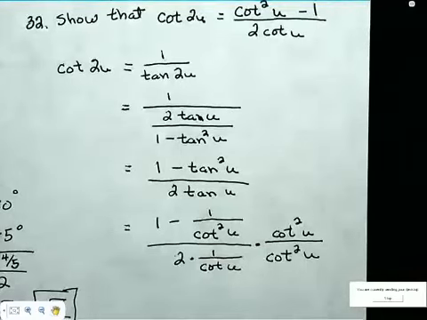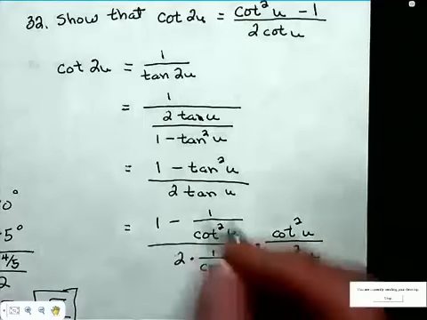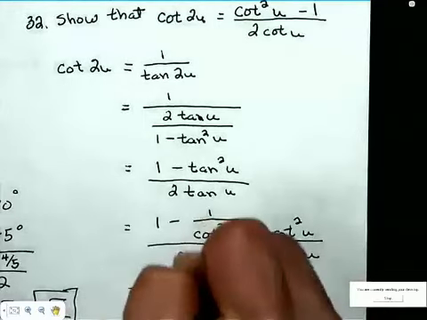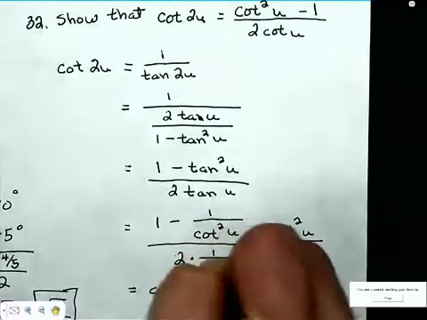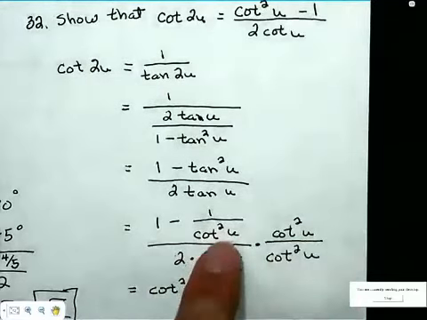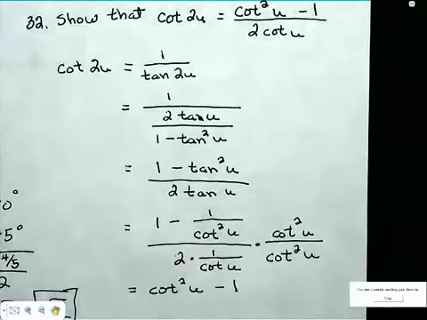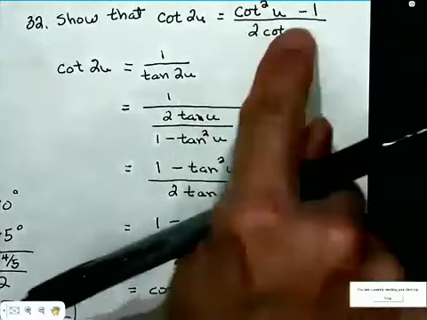And then distribute it. Cotangent squared times 1 is cotangent squared. And cotangent squared times 1 over cotangent squared is just 1. Now I have the numerator I wanted.